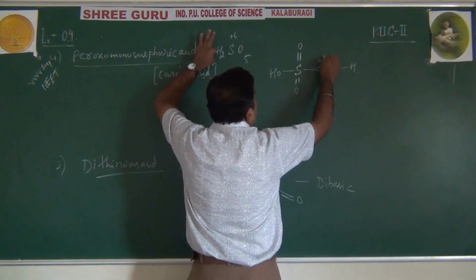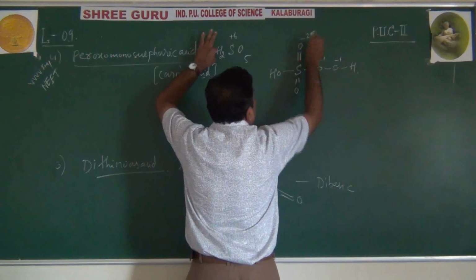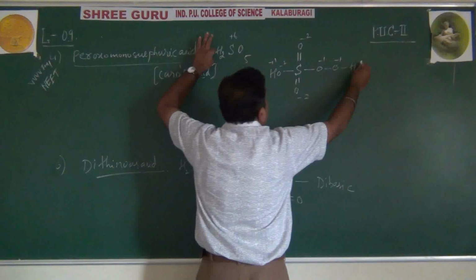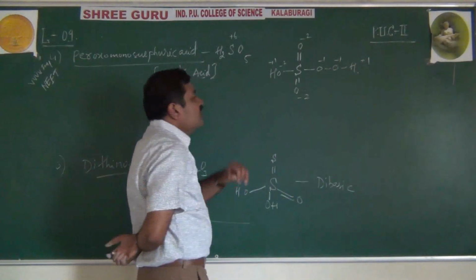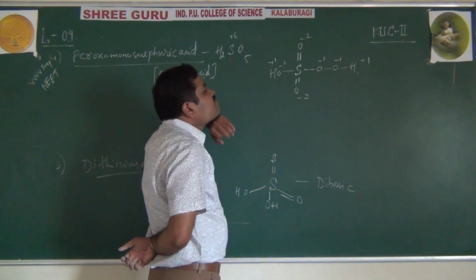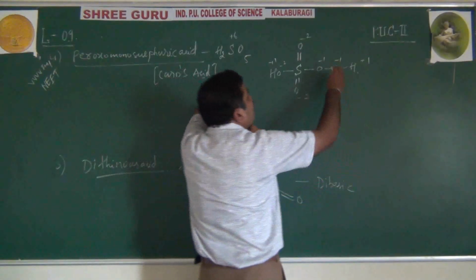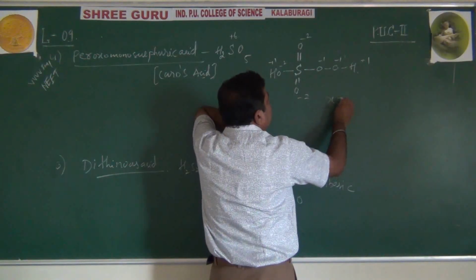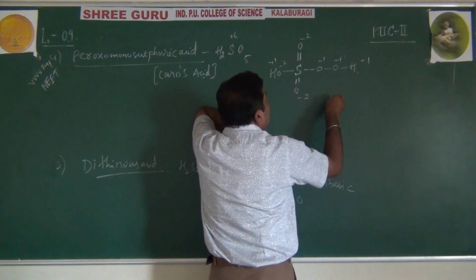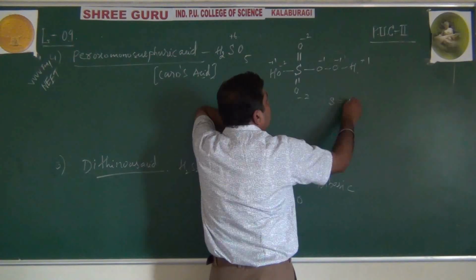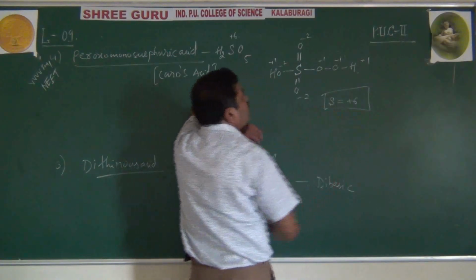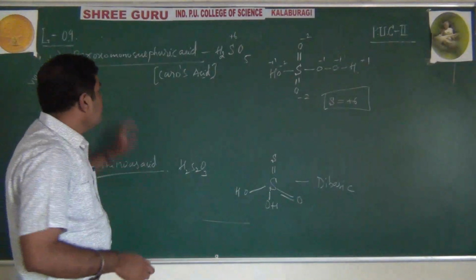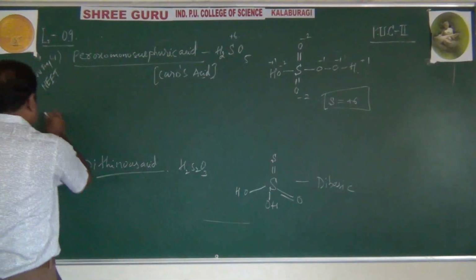This is called the peroxide linkage, -1, -2, -2, right? Then +1 and +1. Generally, these two will cancel with these two. Therefore, the oxidation state from this structure is +6. Very, very important. This is called peroxo monosulfuric acid, Caro's acid.